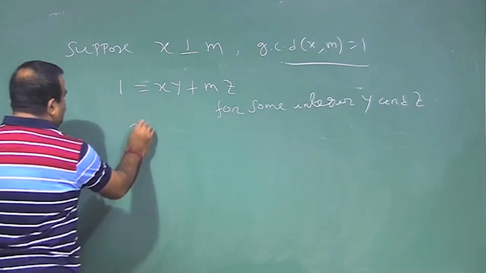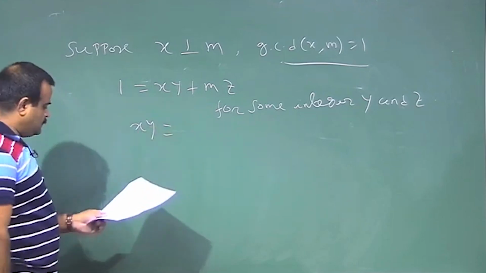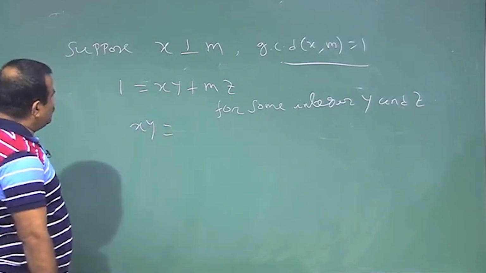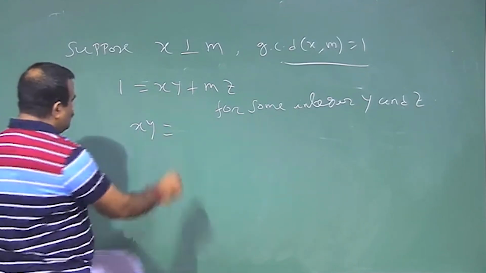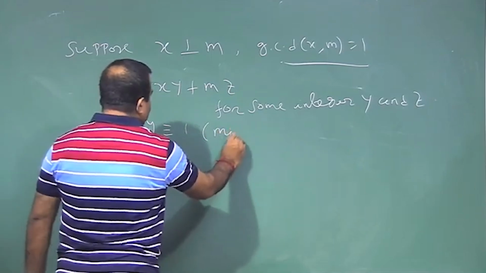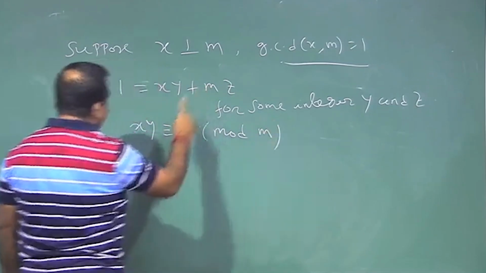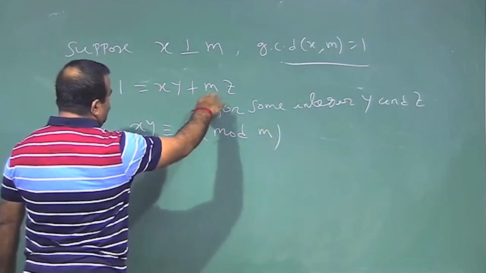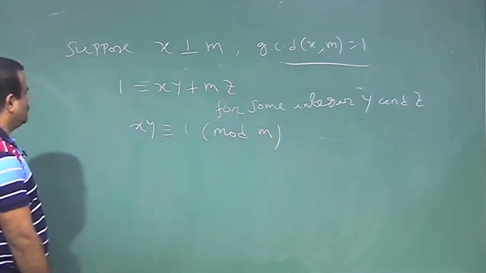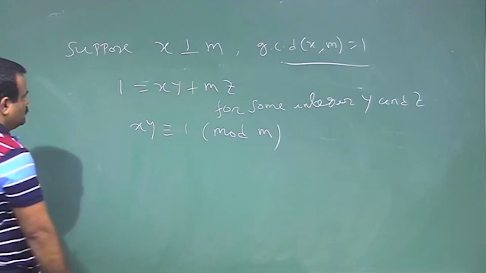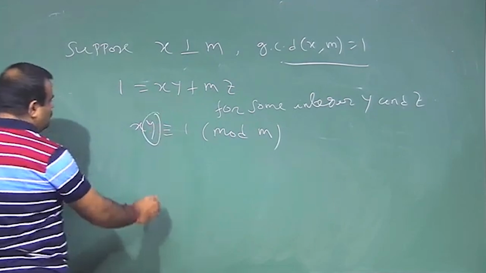From here, xy is congruent to 1 mod m, because if we reduce this mod m, the part with m is gone. So, xy is congruent to 1 mod m, so y is the inverse of x.